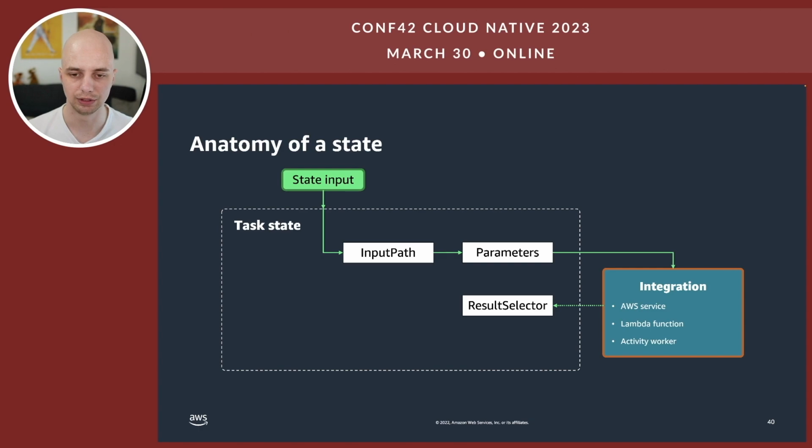So you can now use the result from the integration and filter from that again. And then you can put that result back into your state input using the result path. You can either override the input at all or just append to it in a certain node. Then you have the output path after the final result, and that becomes the state output finally.